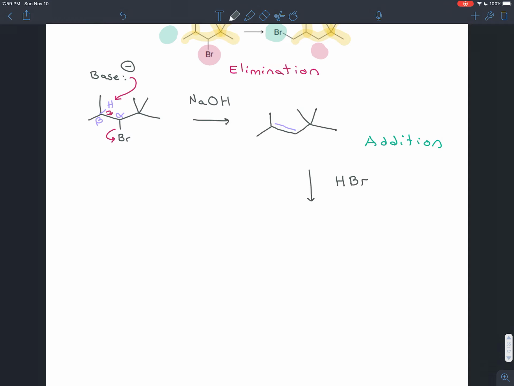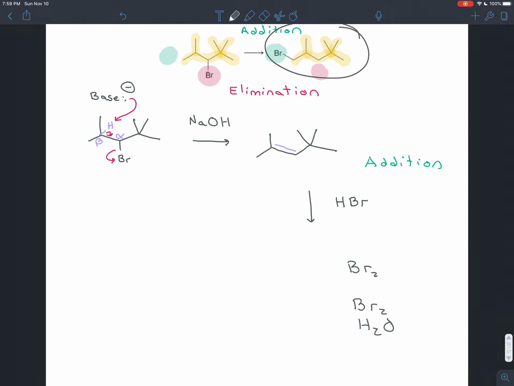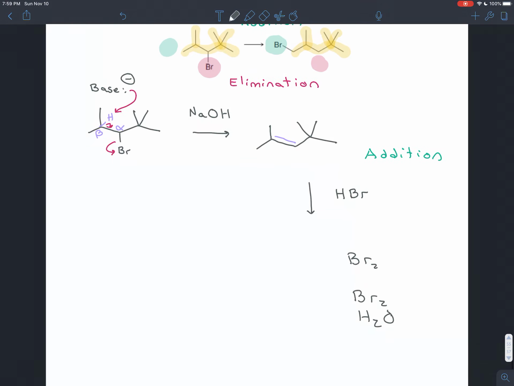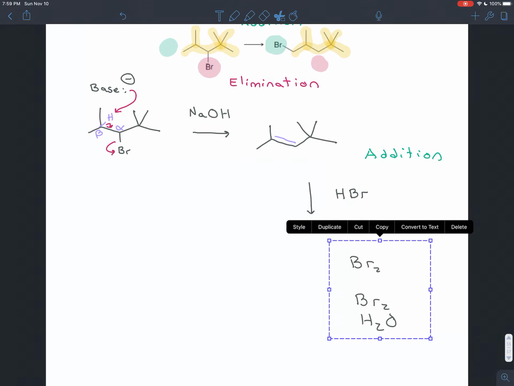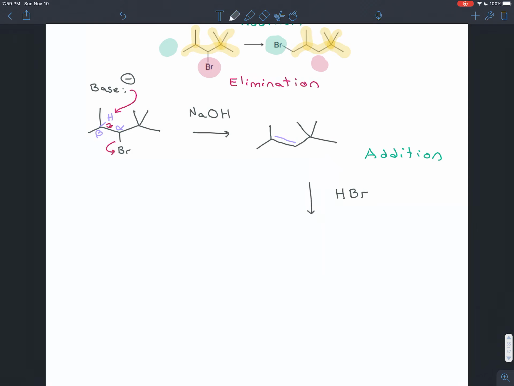The other ones that add halogens are either halogenation, so you can use Br2, or halohydrin formation. That would be something like Br2 and H2O. But in that case, you'd have an OH on the molecule, and we clearly don't want that. So the appropriate choice to get the halogen on is hydrohalogenation.